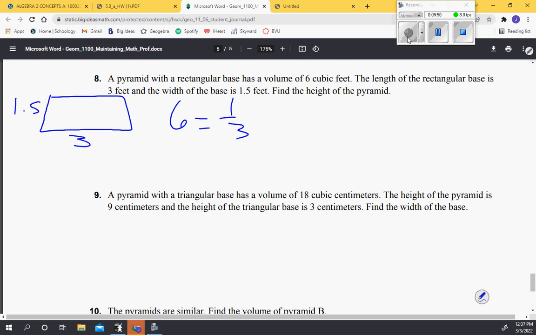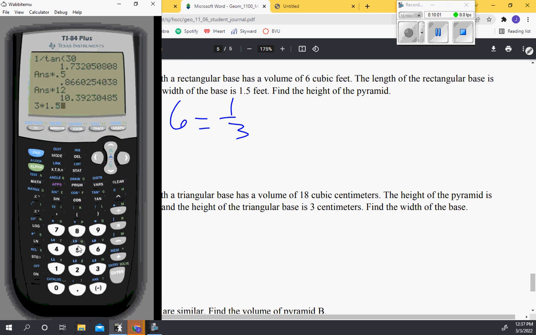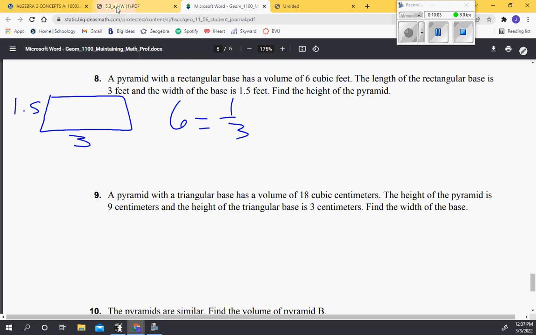Let's find the area of that. 3 times 1.5. For whatever reason, I can't do that in my head. I'm just going to type it in my calculator quick. 4.5. So I know this is 4.5 feet squared. So the area of the base is 4.5.